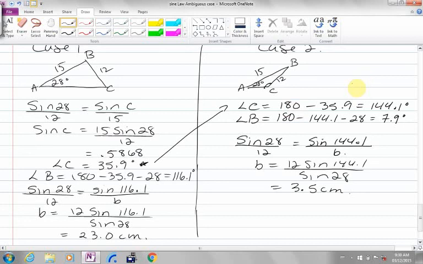Yes? When I'm doing the sine law, I just kind of plug the numbers into my calculator. I don't write it out. Yeah, I would like you to do that. You have to. It's just too easy to put in our calculators incorrectly. If we force ourselves to write it down, we're less likely to make those small errors.